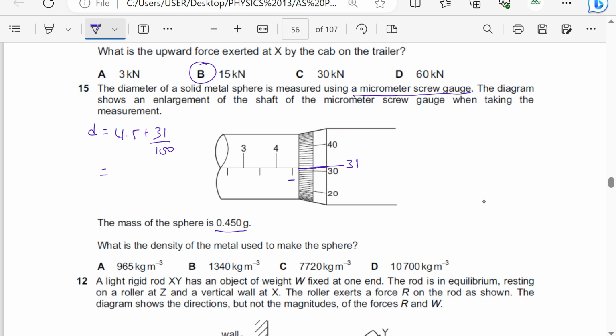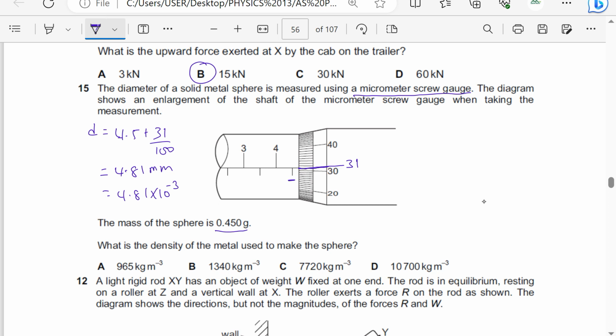So this is going to be 4.81 in millimeters, because this one measures in millimeters. So it means the diameter is going to be 4.81 times 10 power minus 3.